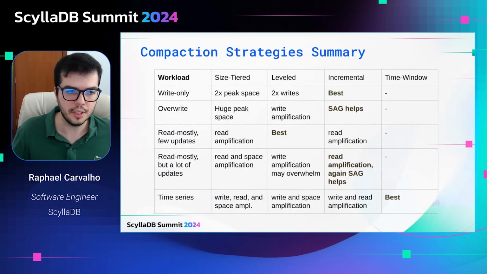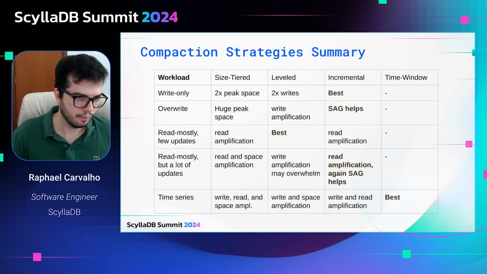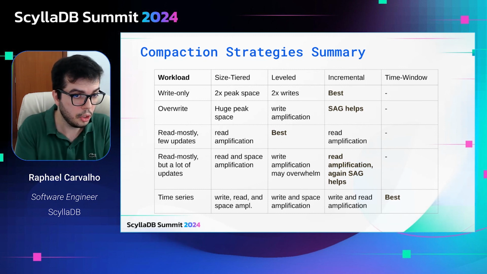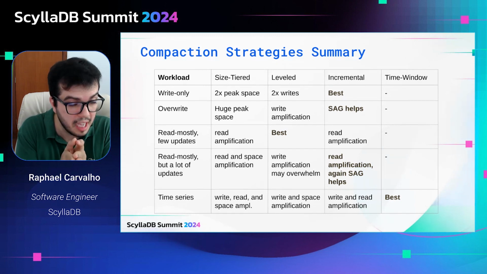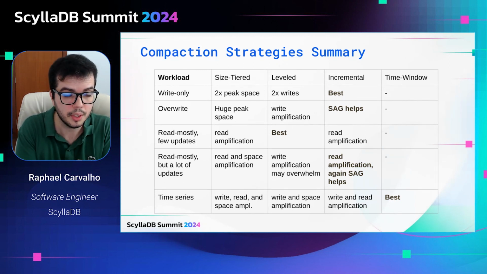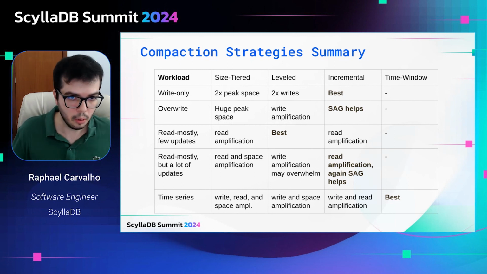And here is the summary of how to pick the right compaction strategy, or better, how not to pick the wrong compaction strategy, because that could definitely kill the performance of your database. So with incremental compaction, you can see that for write-only workloads, it works as well as size tiered.